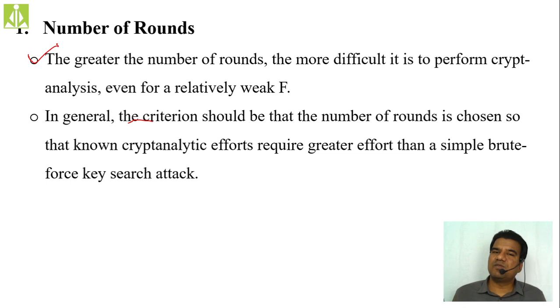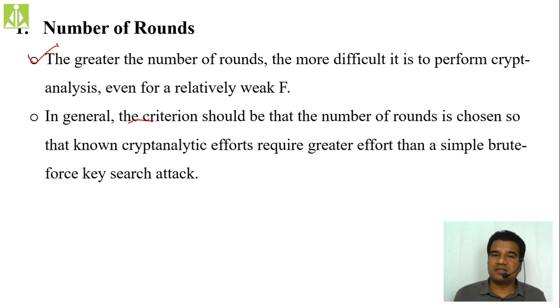Once the technique is public, no more will it be confidential, isn't it? The cryptographers will study that technique, whatever technique the cryptanalysts have applied, and they will make their algorithms strong enough to withstand that type of cryptanalytic technique. Hopefully you understood. So our intention is very clear.